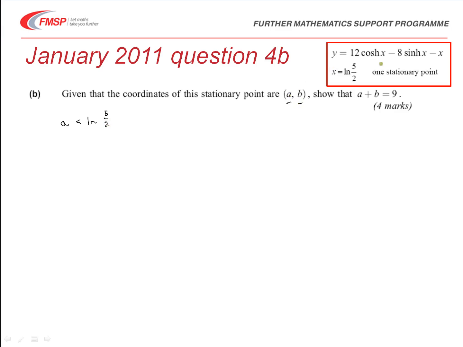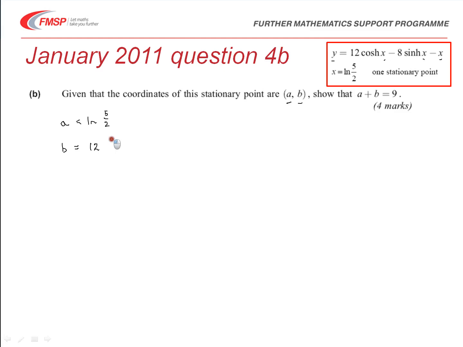So if we substitute that value of a into the cosh function and the sinh function and x here, that will then give us the value of y, which is the b value. So b must equal, and again at this point, since we're substituting a is ln 5 over 2, it will make sense to use the cosh function in terms of e to the x and e to the minus x.